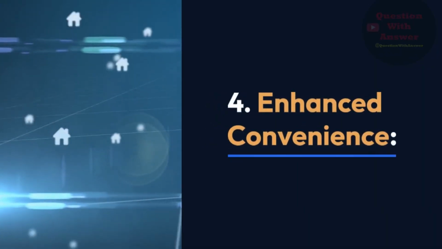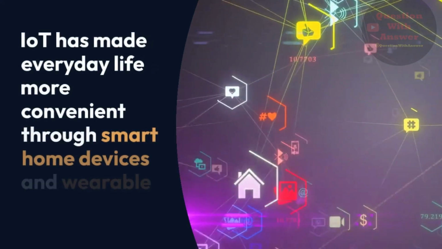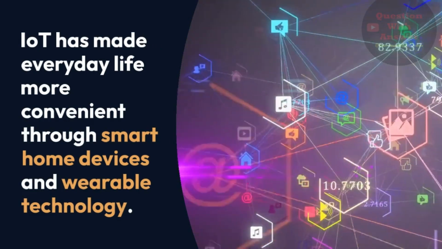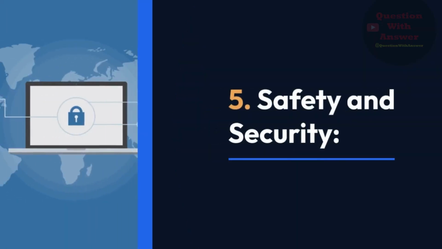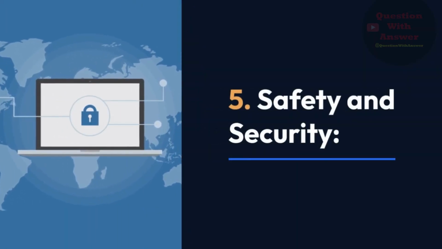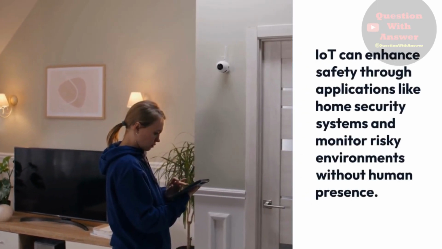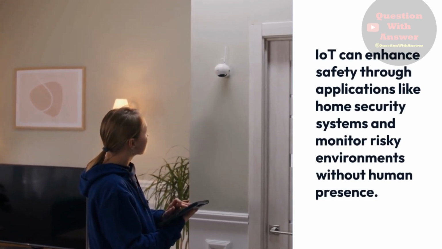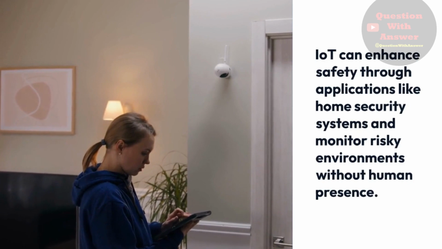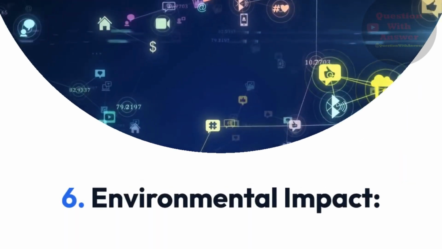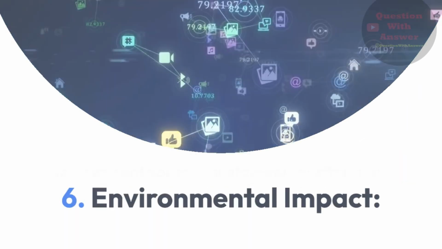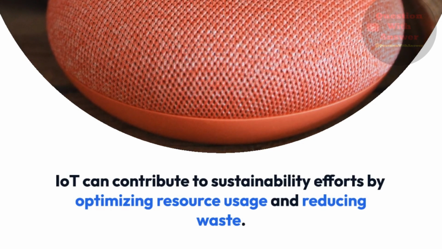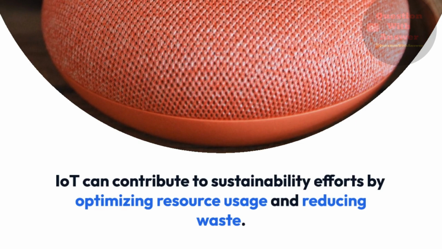Enhanced convenience. IoT has made everyday life more convenient through smart home devices and wearable technology. 5. Safety and security. IoT can enhance safety through applications like home security systems and monitor risky environments without human presence. 6. Environmental impact. IoT can contribute to sustainability efforts by optimizing resource usage and reducing waste.